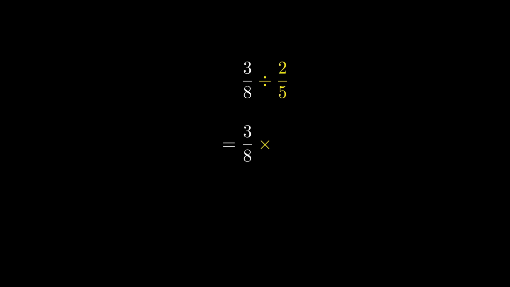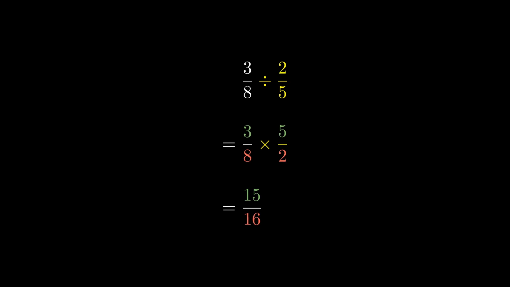How do you get the opposite? Well, you bring the 2 over 5 down and you flip it to 5 over 2. Okay? And so now it's just a multiplication question, which from last time we can do quite easily. If we just think about multiplying the top and the bottom, 3 5s become just 15, 8 2s become just 16, and that's how you divide.